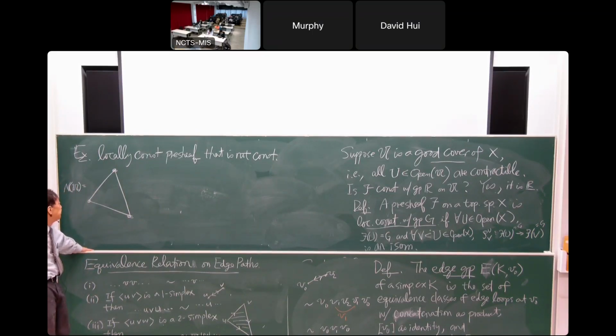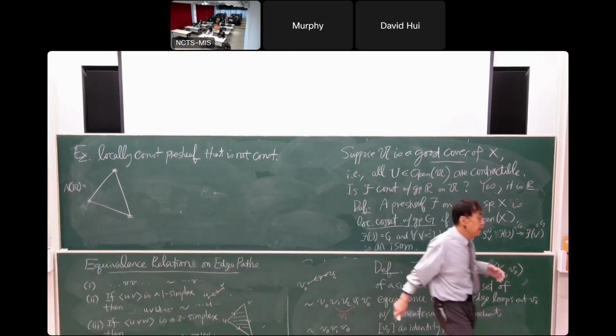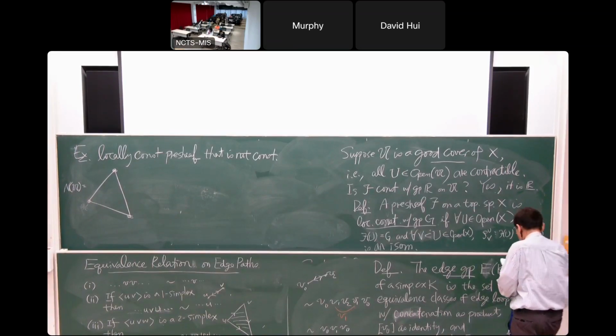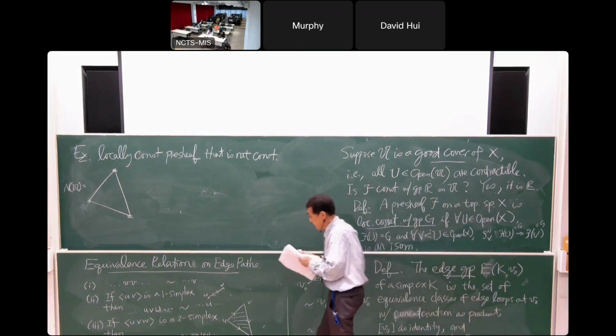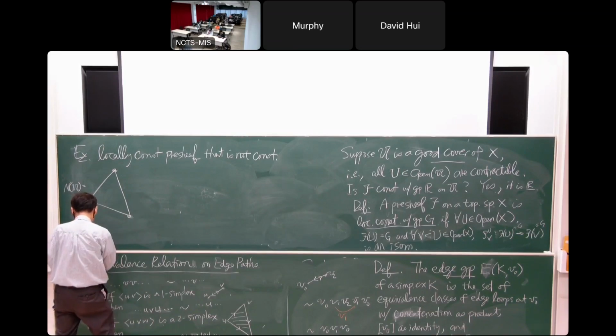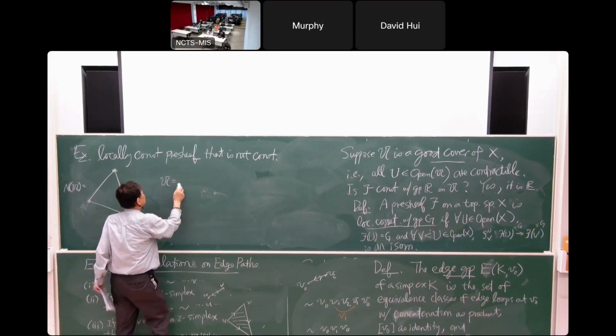And so a presheaf associates to each open set a group and each non-empty intersection a group. Sorry, I should have written down the open cover first.